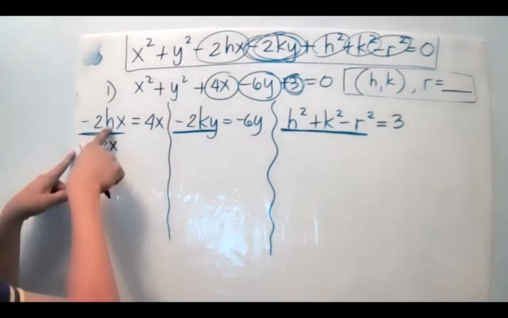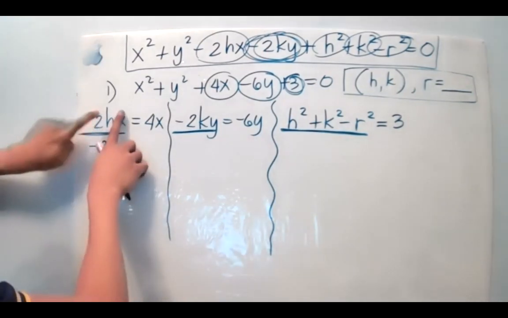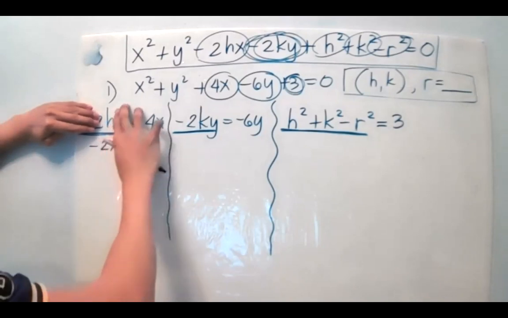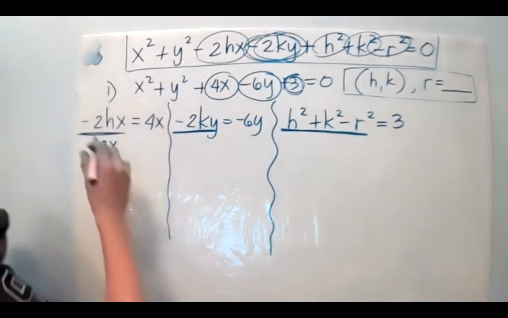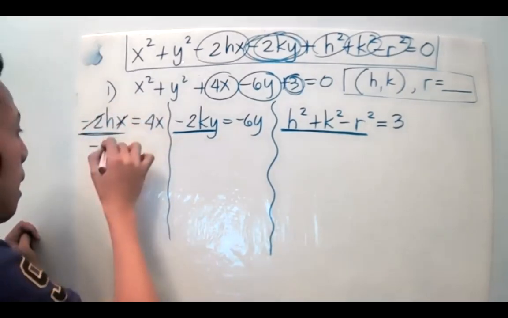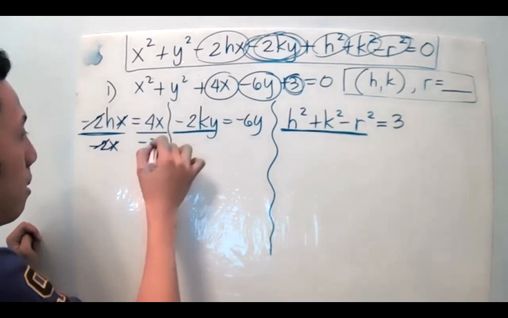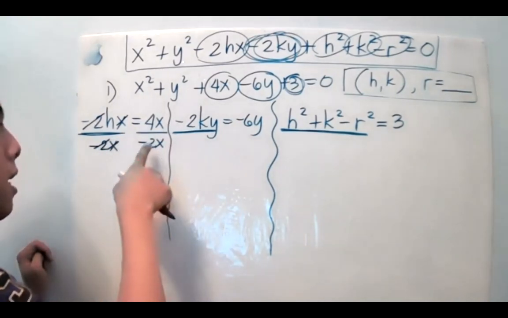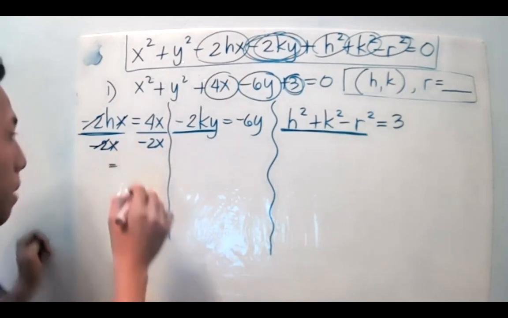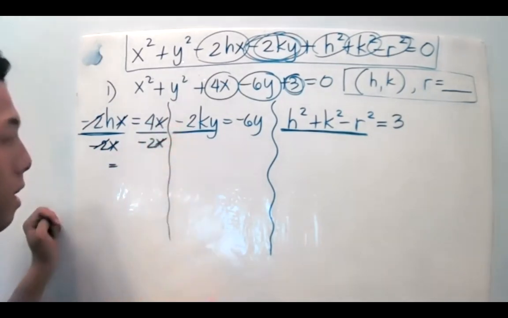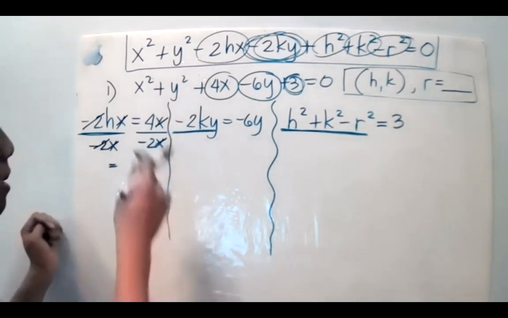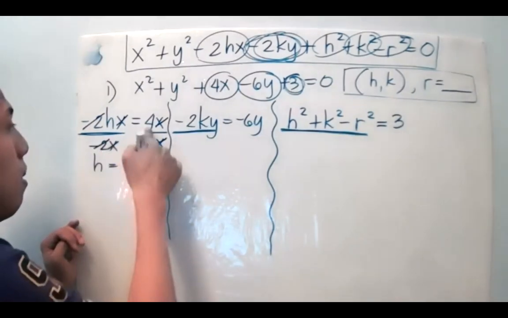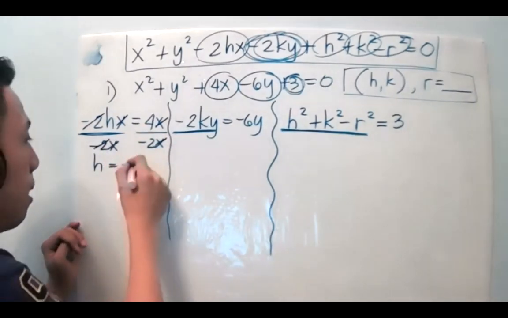For it to remain, the negative 2 and x must cancel so that h remains. So, negative 2 and x cancel. If we divide by negative 2x, we also need to divide by negative 2x here. So, x and x also cancel. Now, what is 4 divided by negative 2? 4 divided by negative 2 is negative 2.